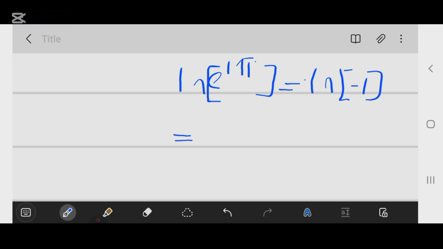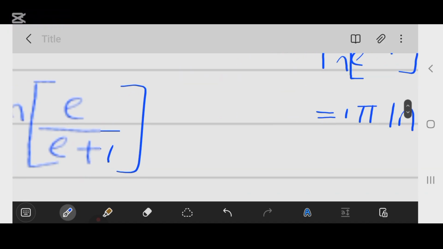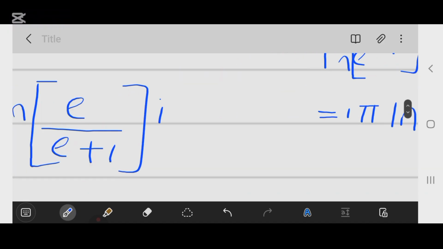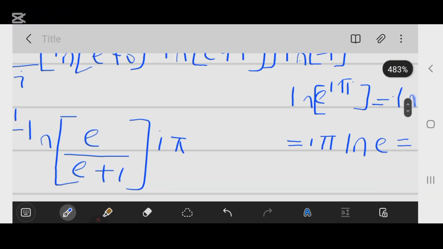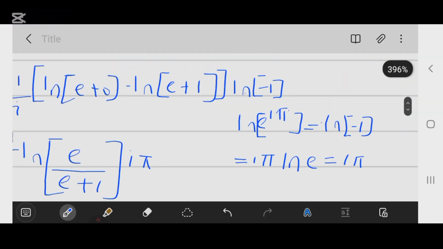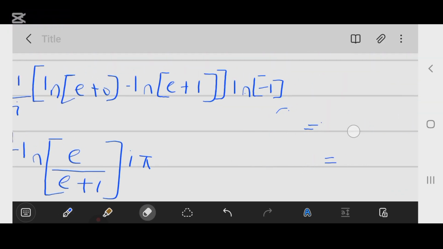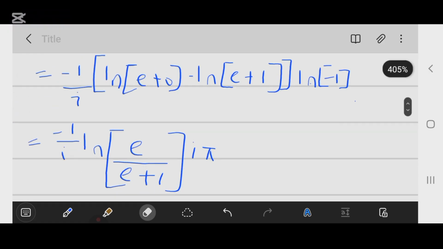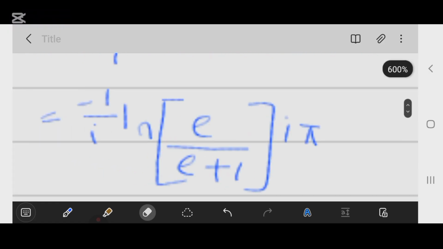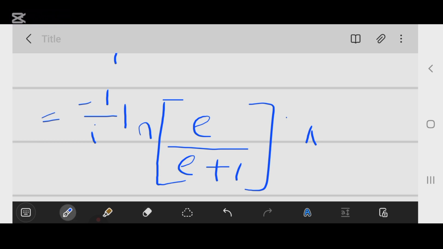Applying the power law of logarithm, I have, and this is the same as i pi. Doing my substitution, i takes good care of i.